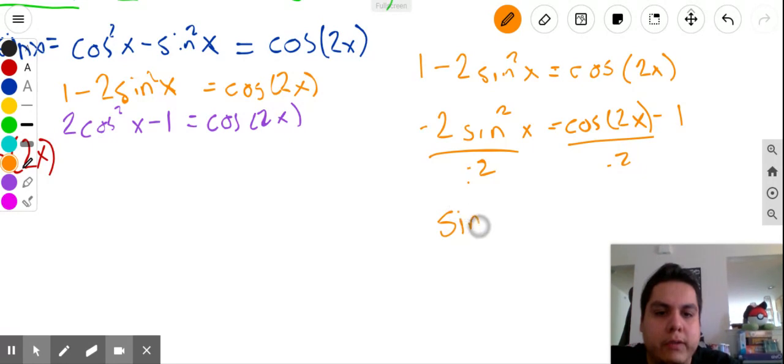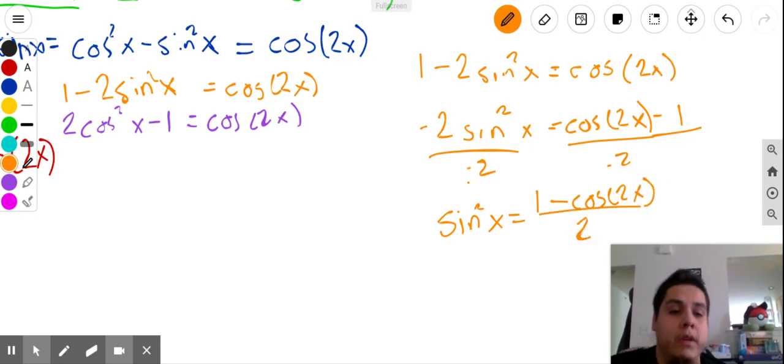So sine squared of x should be equivalent to 1 minus cosine of 2x divided by 2. So that's what we call a power reducing identity, because I can go from a squared to not a squared if I do the substitution.